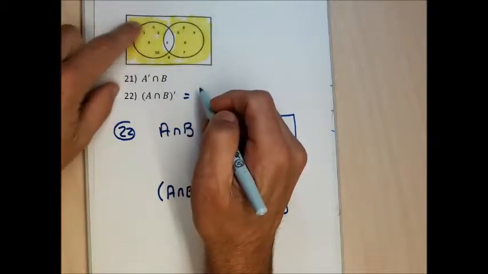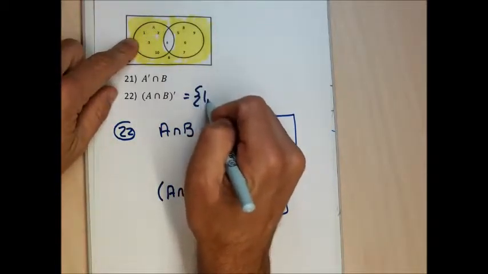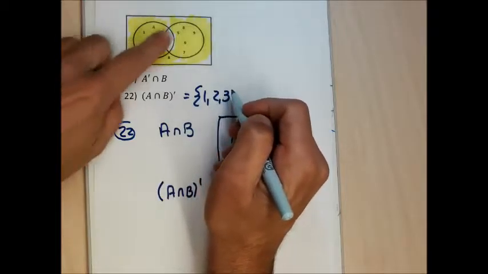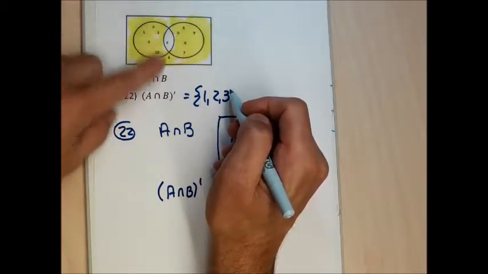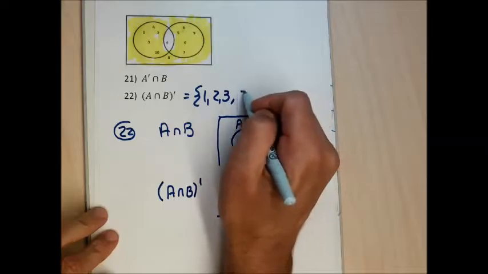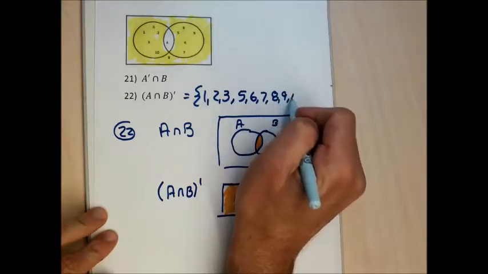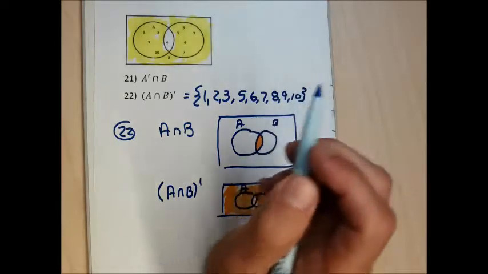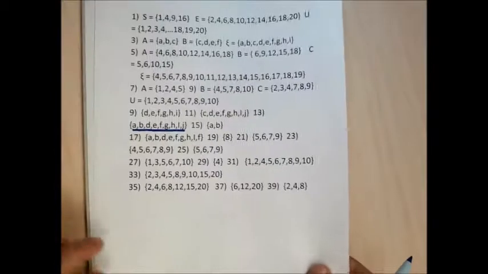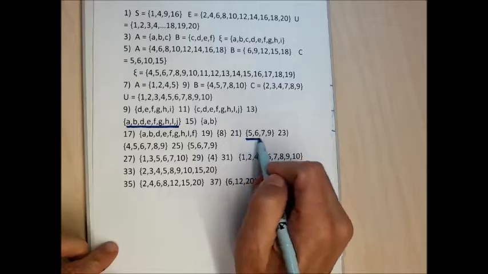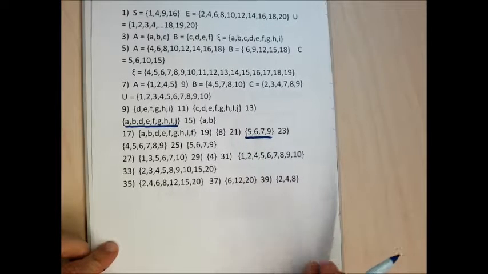So 1, 2, 3, not 4, 5, 6, 7, 8, 9, and 10. When you do problem 21, you're trying to get 5, 6, 7, and 9, assuming my answer is correct.